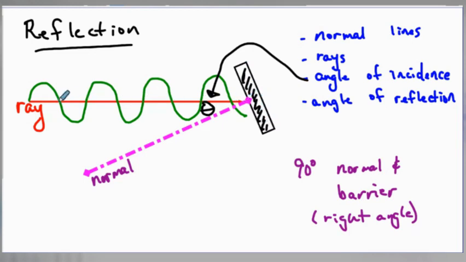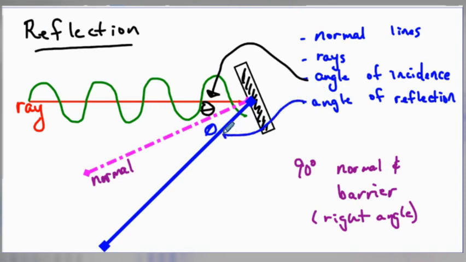it won't bounce straight back. What will happen is it will bounce off at an angle. And we'll draw that here in blue. It will bounce off basically in this direction. And what we're going to see is that the angle that bounces off at, this angle here, is your angle of reflection.